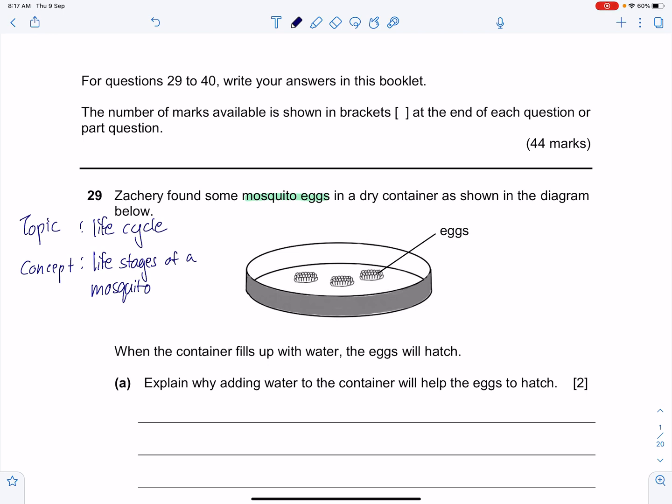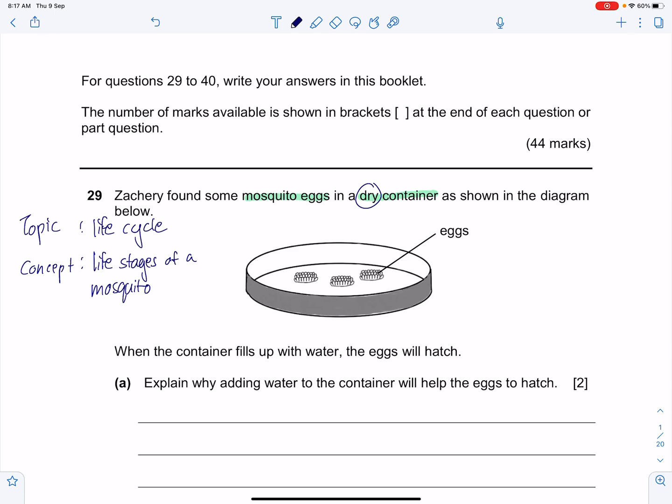Okay, and if you take a look at this other thing, you will notice that one other interesting point is that they pointed out it is a dry container. Now, if you really think about it, one of the most interesting parts about the mosquito life cycle is that part of it is in the water. And even though it's in the water, the question specifically mentioned that it is a dry container.